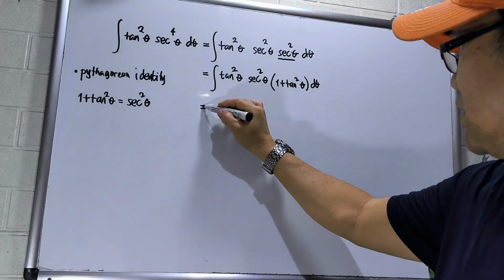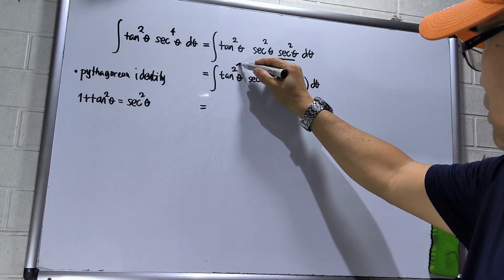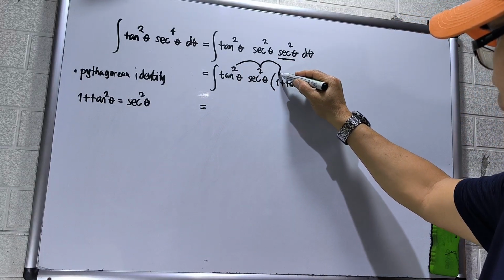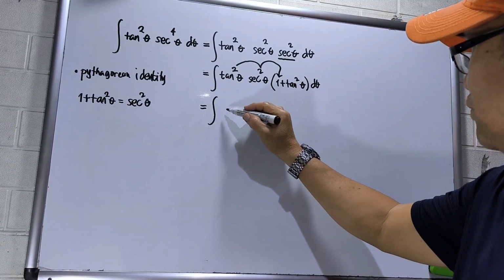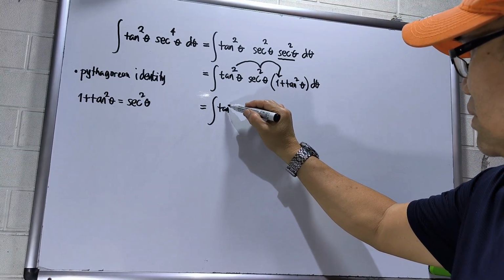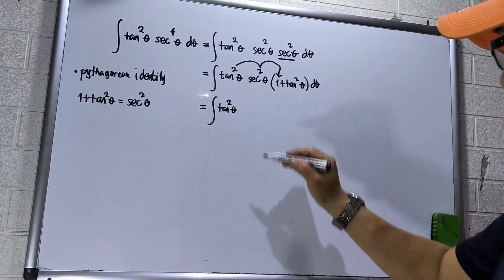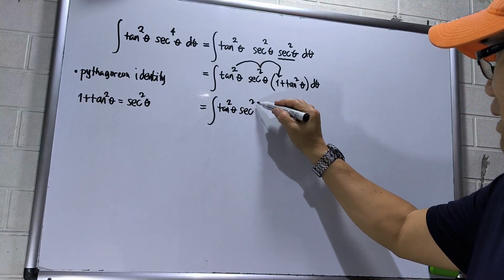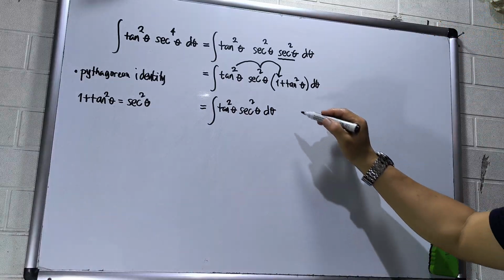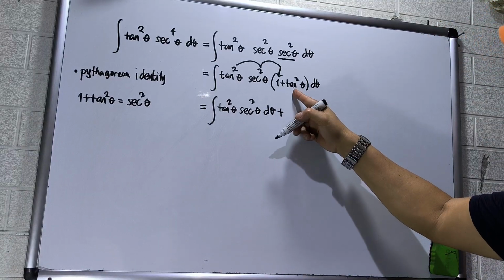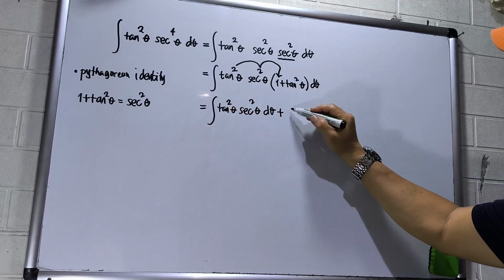Okay? So combine this one and then multiply inside the circle bracket. So this will be the integral of tangent squared theta, then secant squared theta d theta, plus tangent.